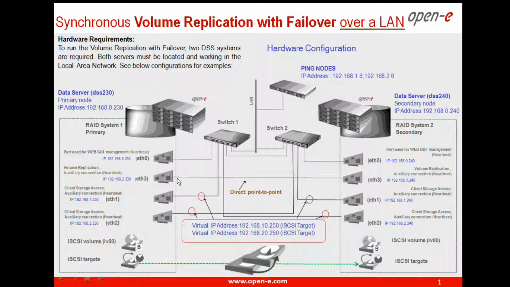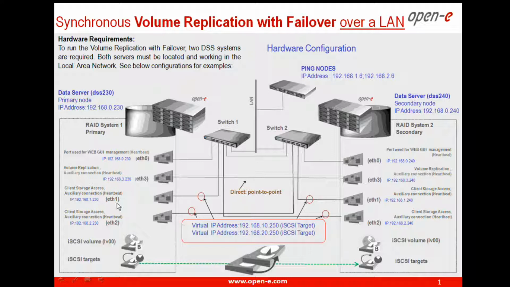Optionally, we can use a switch, but we recommend a direct connection. There will be an advantage when both switches are dead, because we still have communication between the two nodes, and in such a case there will be no reason for failover. Here I use IP 192.168.3.230, so subnet 3, and the same subnet 3 on the right side with 240.